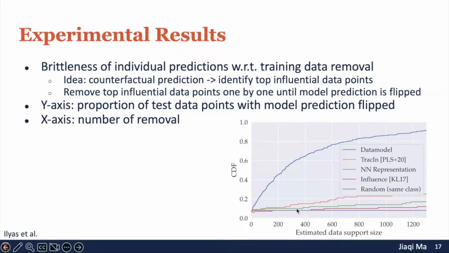For example, here it's 200, right? So it means after removing 200 training data points, slightly more than 40% of the test data points we evaluated have their prediction flipped.